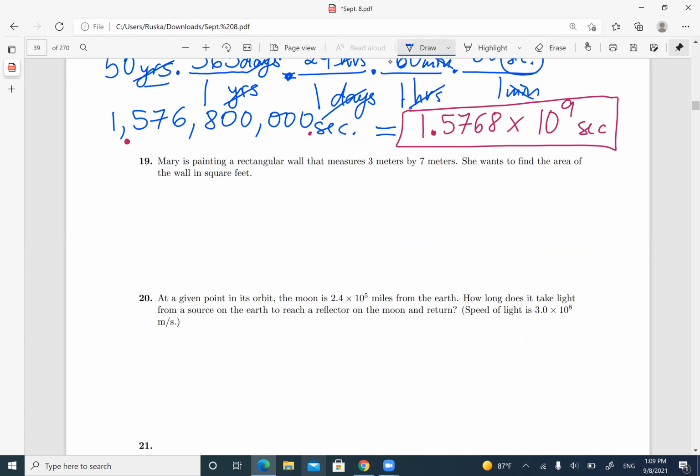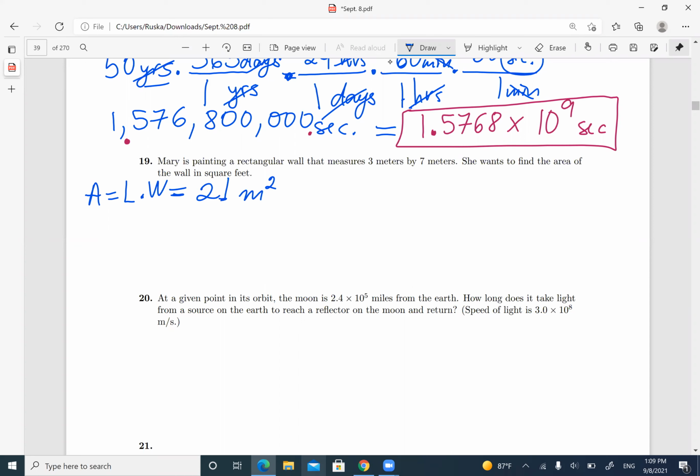What is the area of a rectangle? Length times width, right? The dimensions are 3 by 7, so 3 times 7 is 21 square meters.